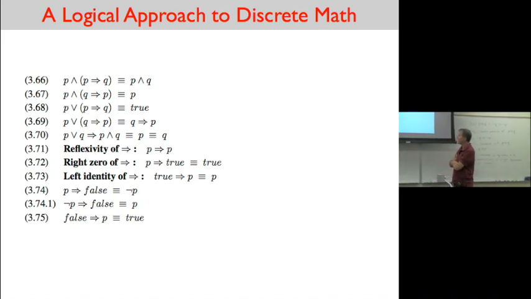3.71 is also a homework problem, reflexivity. I always try to assign a few easy ones as well as a few challenging ones. I think 3.71 and 3.72 are pretty straightforward.